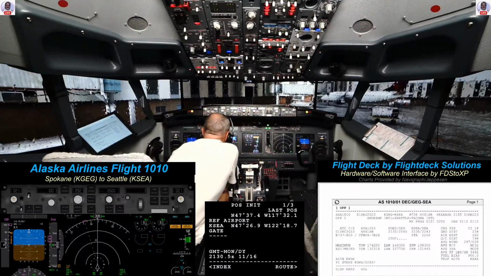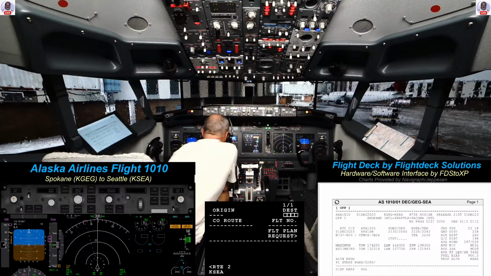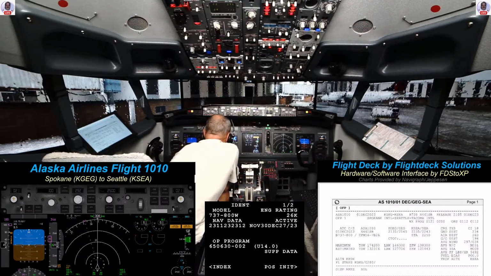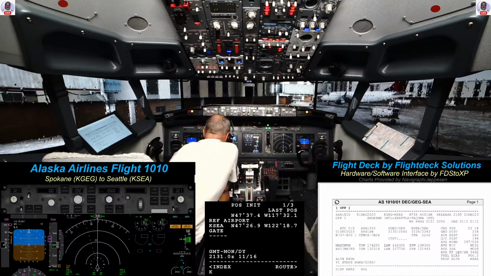Now let's get our flight in here. Seattle. Oh, we're not in Seattle. Back that up. What did I do here? KGEG is where we are. That's better. No mismatch in the coordinates now.